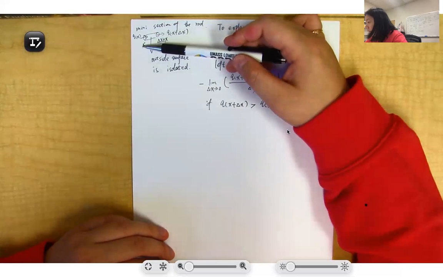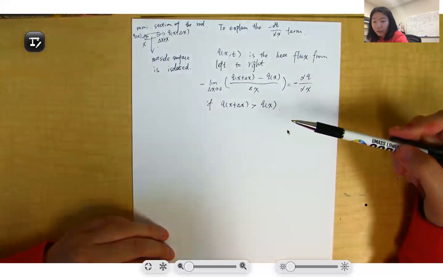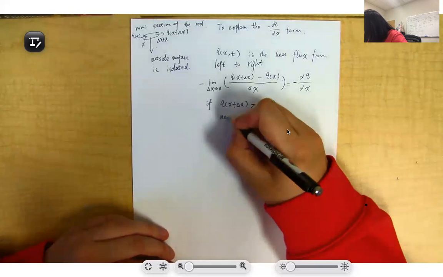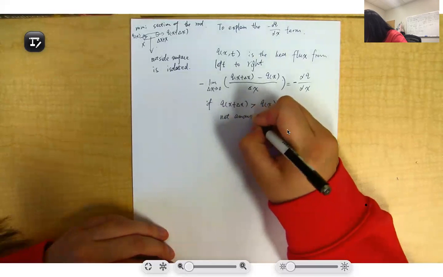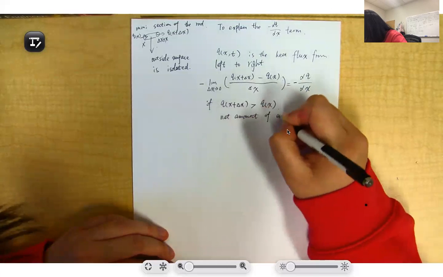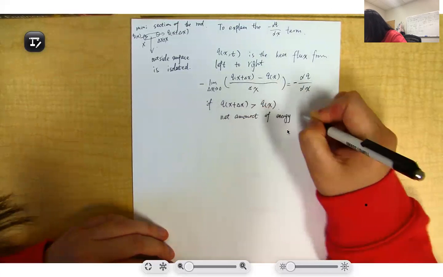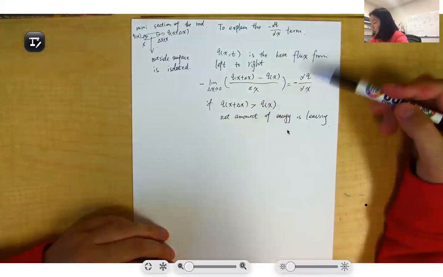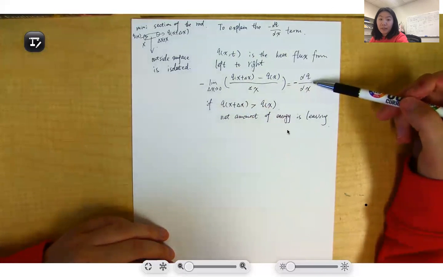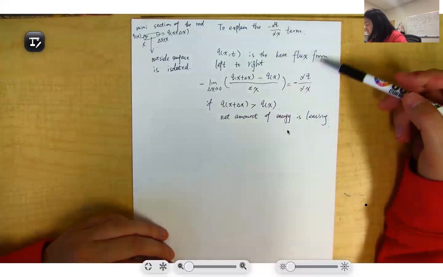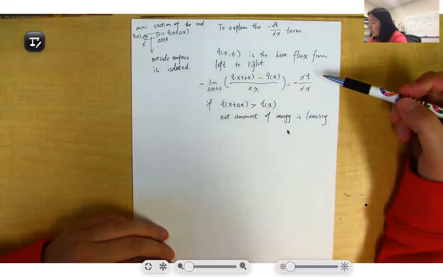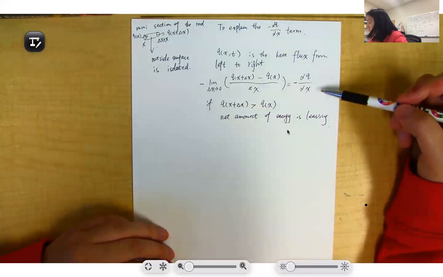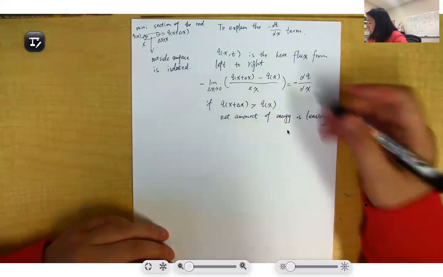That means you have a net amount of the energy leaving to the right hand side. That results in your heat flux having a negative sign. So overall this is a negative heat flux energy term. Okay, so it's negative here.